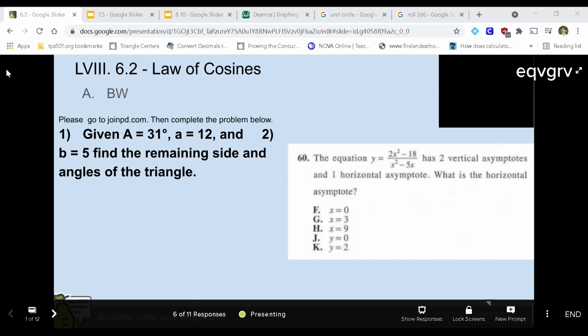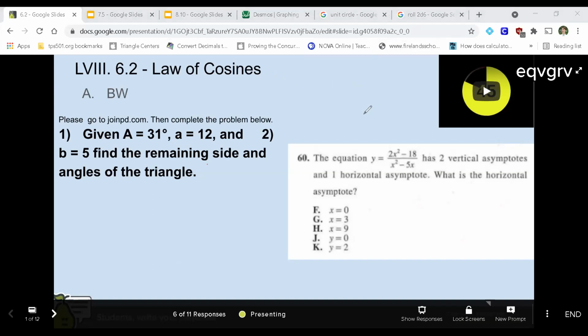So the first one here is a review from yesterday. Does anyone know how we get started? Yeah, first thing you need to do is find angle B using your law of sines.